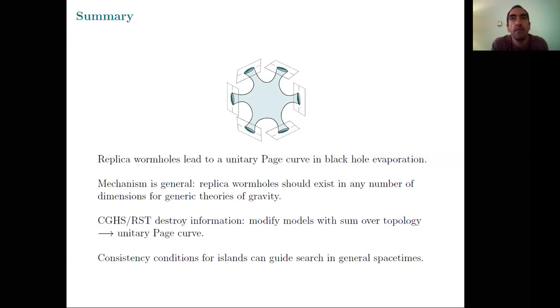Well, for the first comment, I definitely agree. Summing over topology is opening a can of worms. I view whether that's the right thing to do or not as a question of whether this model, I mean, this model was sort of considered a toy model, but let's focus on it for a second because it's the one that for 2D asymptotically flat space has been studied the most. It was never derived in a top-down way.